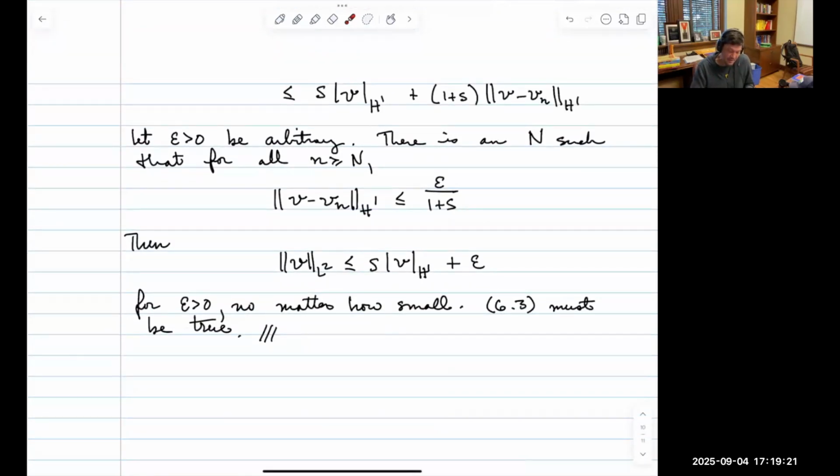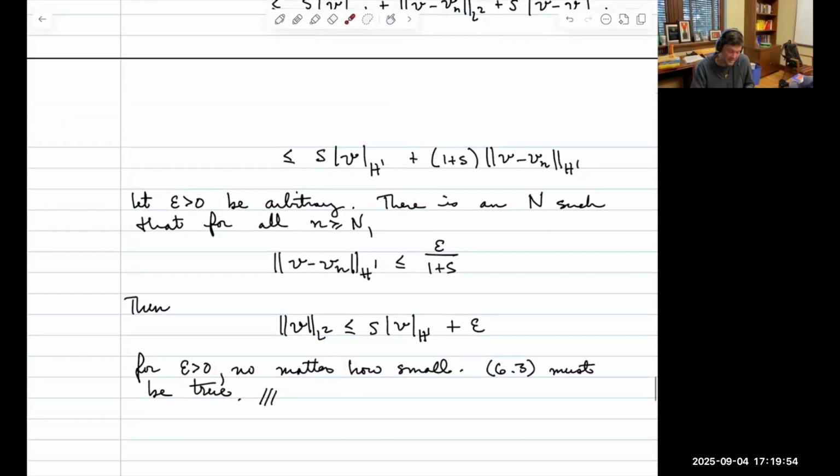Now again, I know density is true, I know that Vn converges to V. So let's fix epsilon. This is the good old epsilon trick. Let epsilon be as small as you please. There has to be a capital N such that for all little n bigger than capital N, because this is converging, this is smaller than epsilon over 1 plus S. That means this whole term is less than epsilon, right?